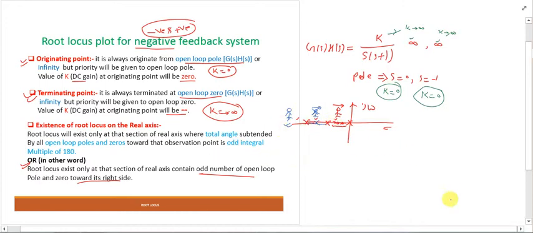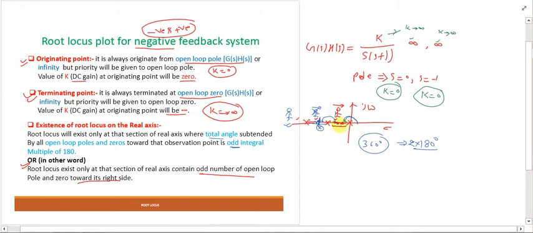Now, this is the existence of root locus on the real axis. The total angle subtended should be an odd multiple of 180. If I am standing here, the angle subtended by the poles at this point is 180, and for this it is 180 also, meaning 360 degrees. That is not an odd multiple of 180, it is an even multiple of 180, so root locus cannot exist at this point.